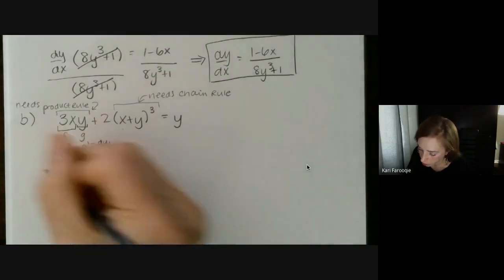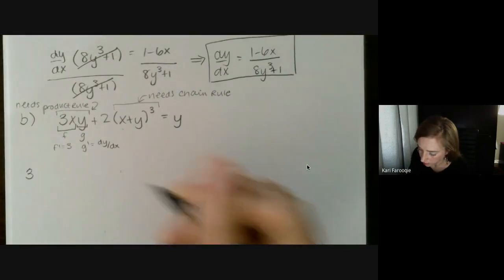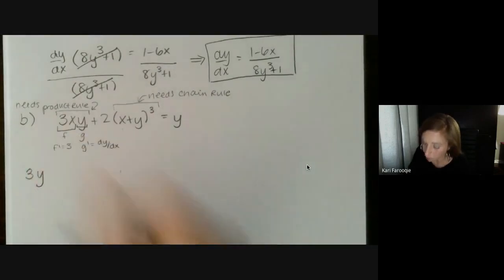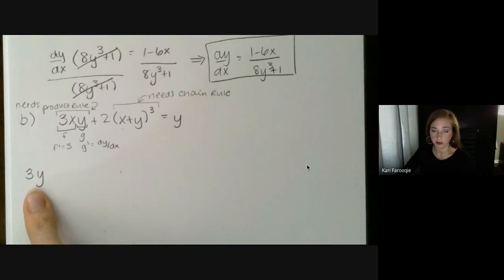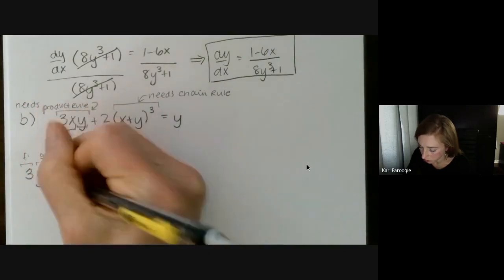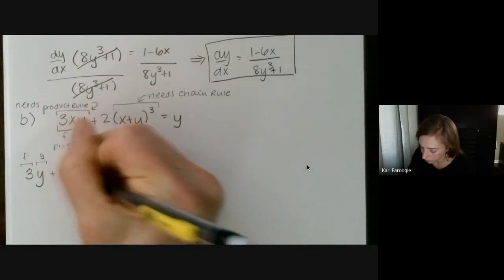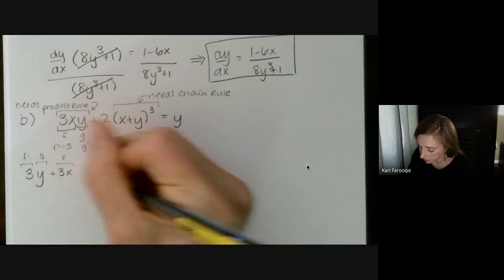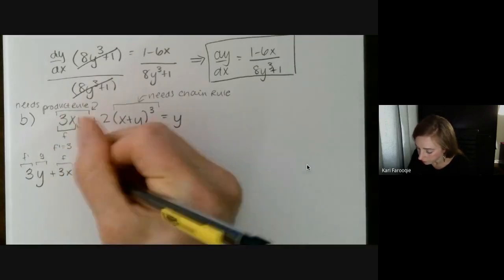Okay, so f prime g. Now, when you write g, you don't need to tag on a dy dx because you haven't taken a derivative. So f prime g plus f times g prime.